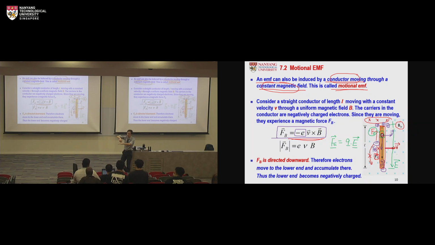Right? So now you create this extra electrical field E. And this electrical field E will apply an electrical force Fe on the same electron, which should point up. E is pointing down, so Fe should point up. Again, we are talking about a negative charge electron. Seems you lost here.